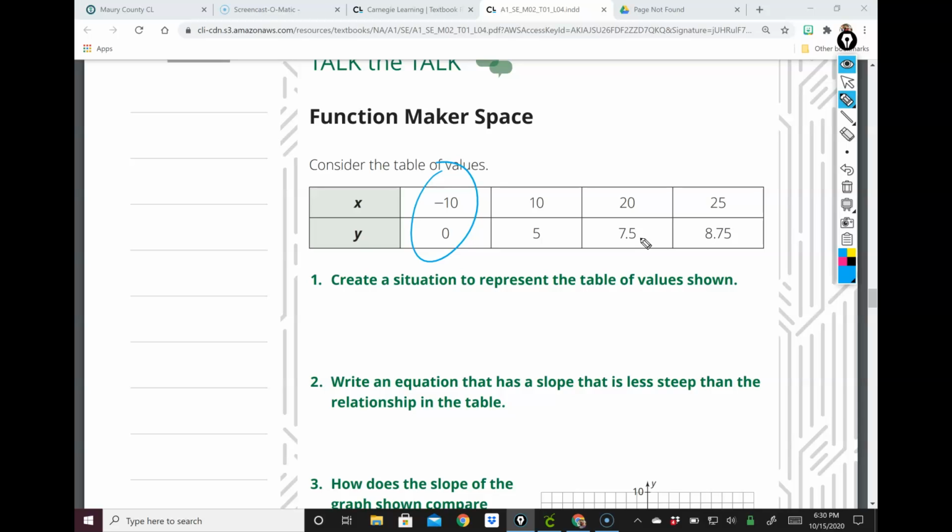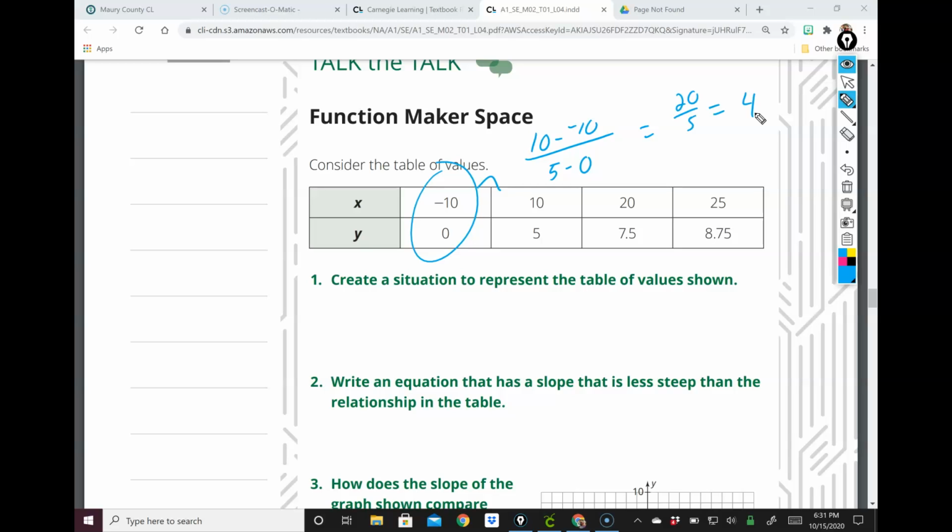My rate here would be, let's see, 10 minus negative 10 over 5 minus 0. So it'd be 20 over 5 gives me 4.